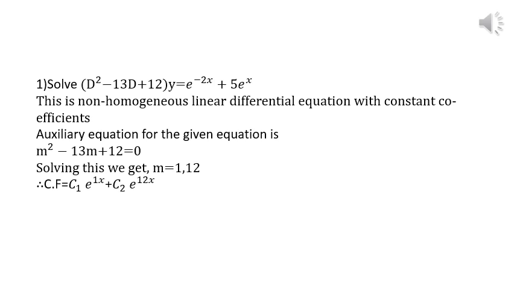See case 1 in the procedure of the complementary function. According to that, the CF can be written as C1 e^(12x) + C2 e^x, where C1 and C2 are arbitrary constants. Without forgetting, you must write the arbitrary constants.